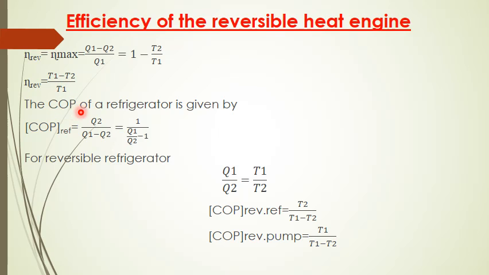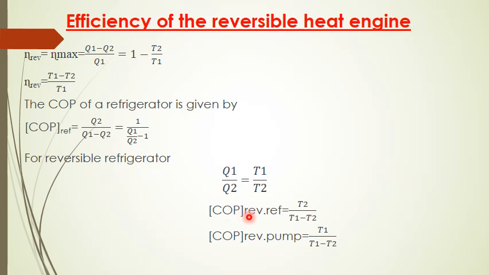Then the coefficient of performance of a refrigerator is given by, if you apply this Carnot's corollary theorem to this expression, COP of refrigerator becomes 1 by (Q1 by Q2 minus 1). This is the coefficient of performance expression for a refrigerator. If the refrigerator is reversible, then instead of Q1 by Q2 we can substitute T1 by T2.